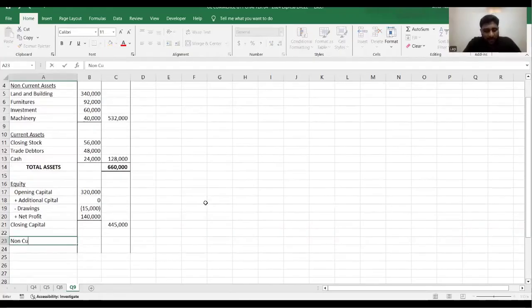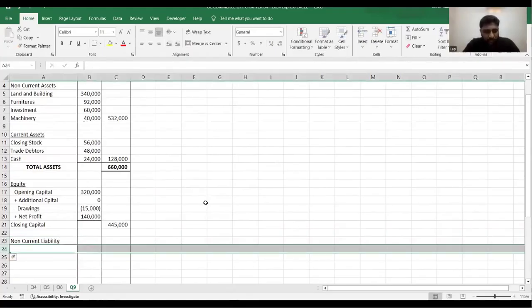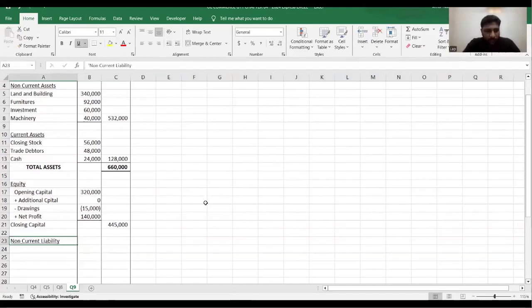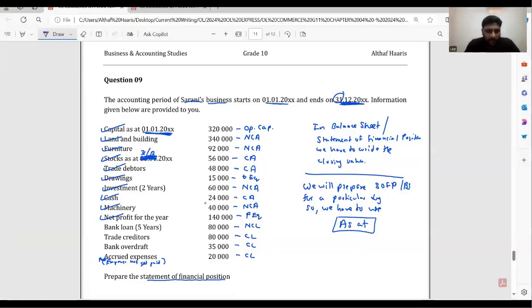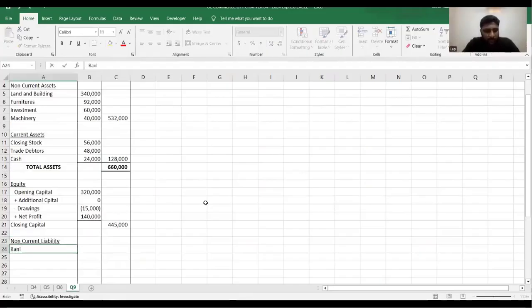Long-term liabilities, non-current liability. So in this question, we had a bank loan, 5-year bank loan, 80,000. Then current liability.